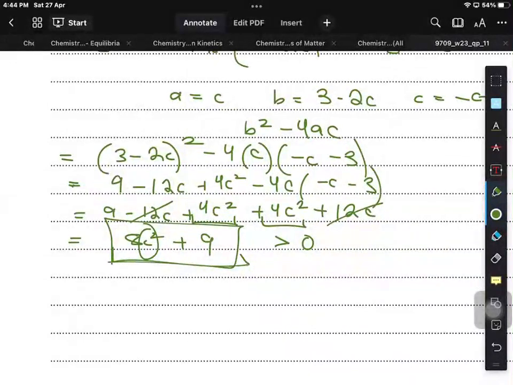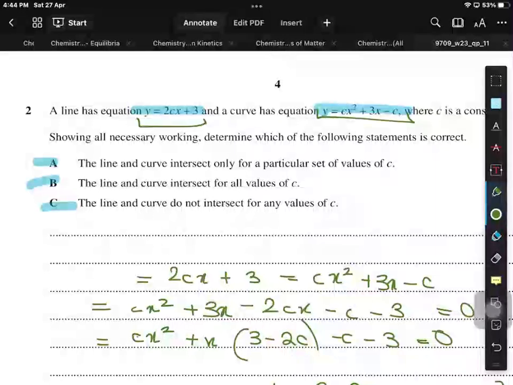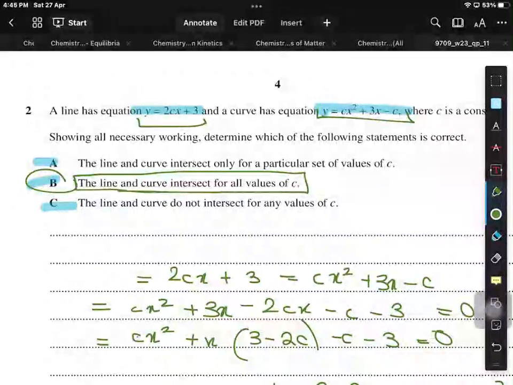How can we say it intersects at any value of c? Because for any value of c, whether it's negative or positive, we're always going to get this greater than 0. And when we know it's greater than 0, we know the line and the curve intersect, right? So according to that, we can infer that statement B is correct. Why? Because the line and the curve intersect for all values of c, whether c is positive or negative.